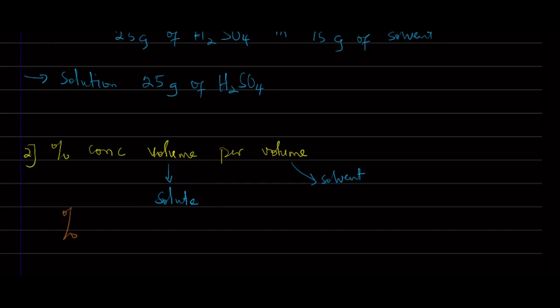As we have said, percentage volume per volume means the volume of the solute in centimeter cube with respect to the volume of the solvent in centimeter cube, or the volume of the solution in centimeter cube as well.